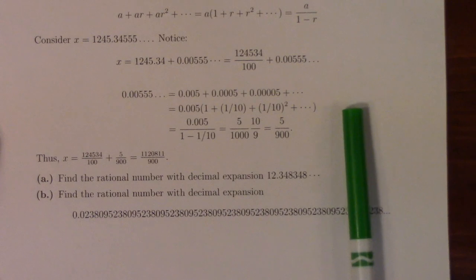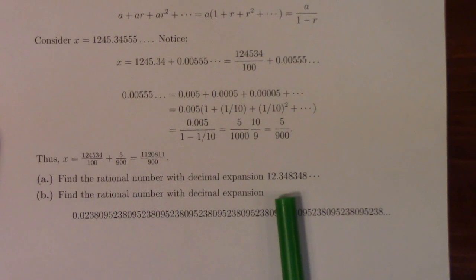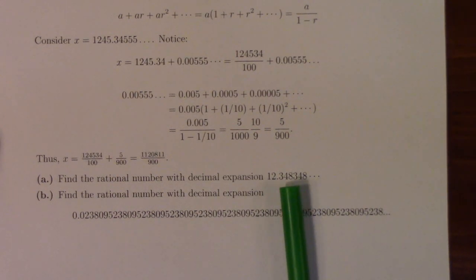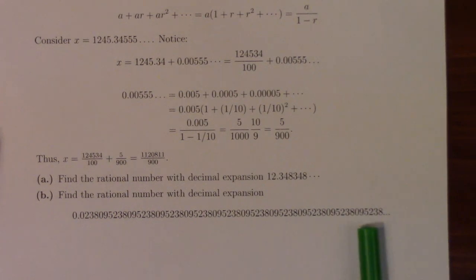There's nothing particularly special about this example, so I would invite you to see your way through it by finding the rational number that has the decimal expansion 12.348 with 348 repeating, or the rational number with this other decimal expansion. I think it repeats.